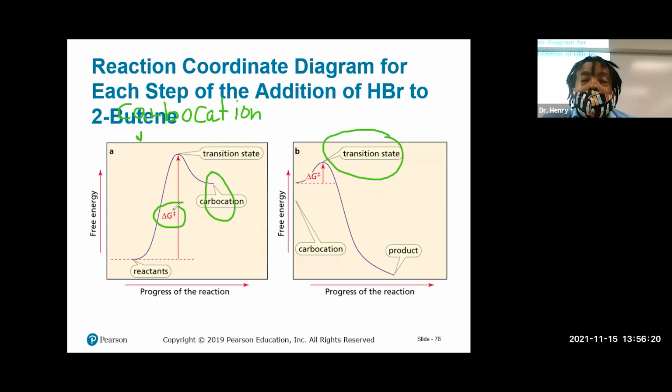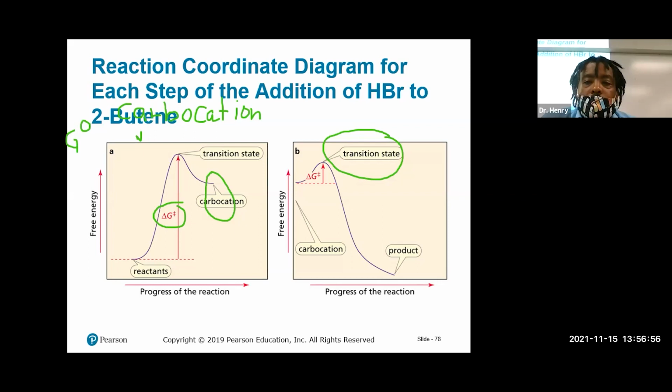Are you sure? Not G naught. This is the Gibbs free energy for activation. It's kinetically stable. Okay. And then the transition from this guy, where we have a small delta G.